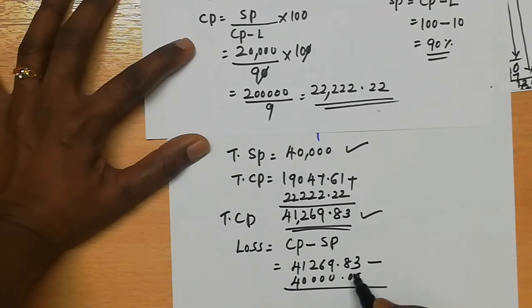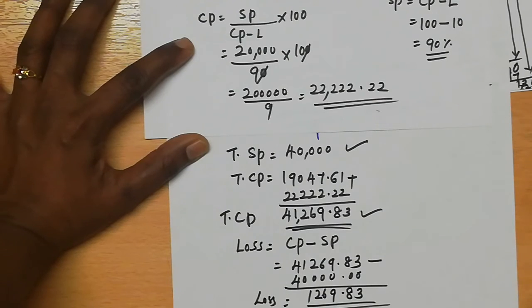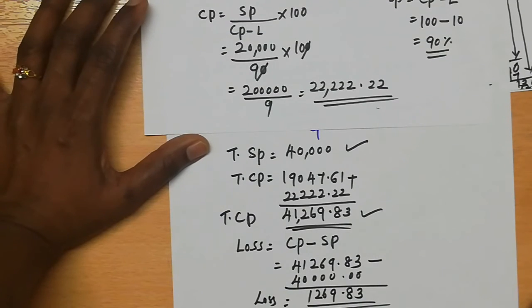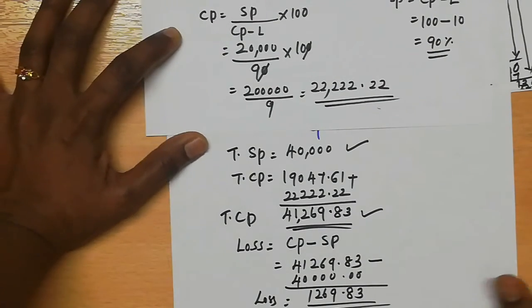Clear? So this much is the loss. Loss amount is 1,269.83. Okay, I think all of you are clear.